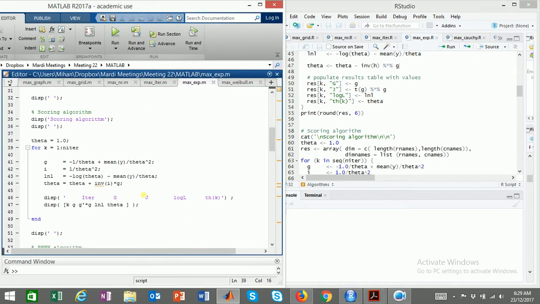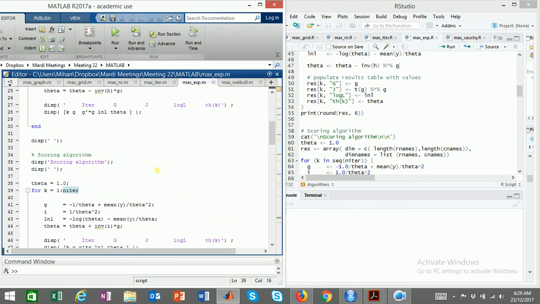Then scoring algorithm, theta is equal to 1, again I is equal to 1 by theta square, log L is equal to log theta minus mean, because in scoring we are interested in the information matrix I. We don't need the Hessian here.